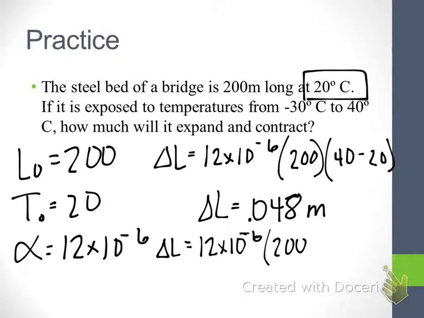Then when we want to find how much it has contracted, we would say final minus initial.